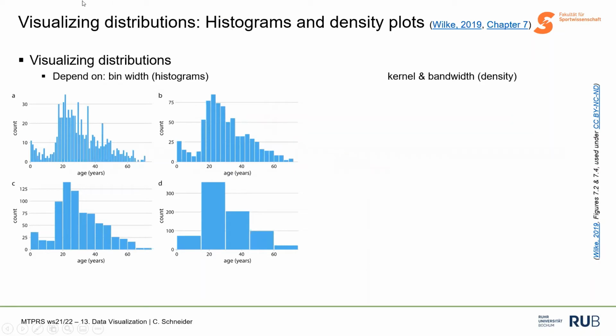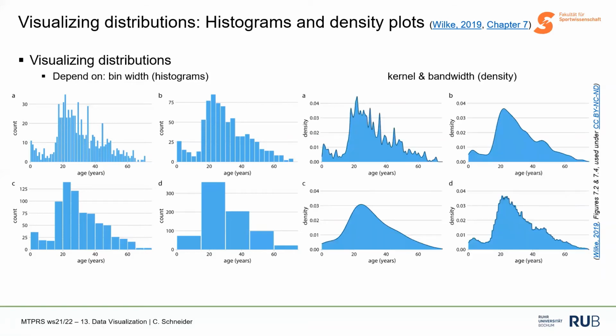If we think about distributions and looking at frequencies, this is very common in statistics. We very often have histograms to display the distribution of a variable, but we have to be aware that, depending on the bin width, like the width of the bars that we look at, the data can look very different. Same thing for density plots.